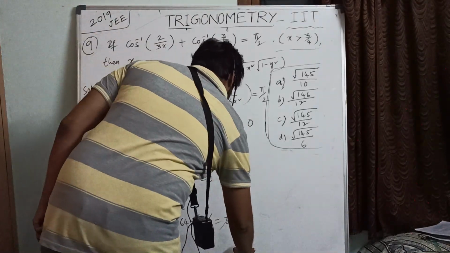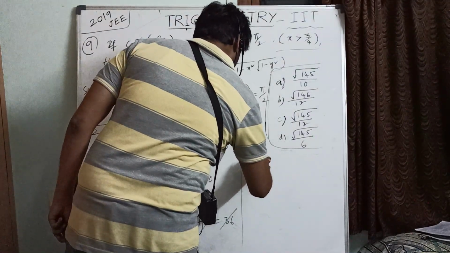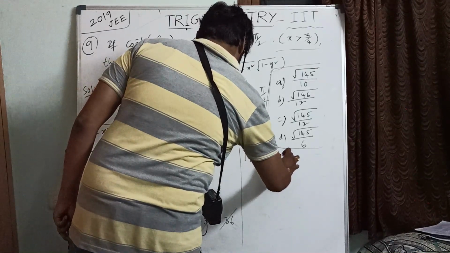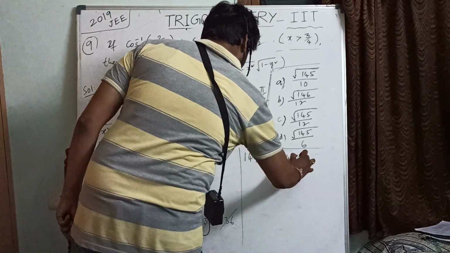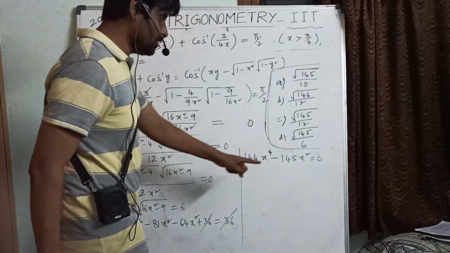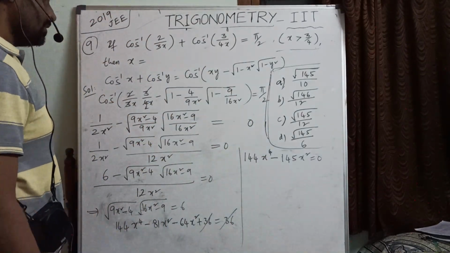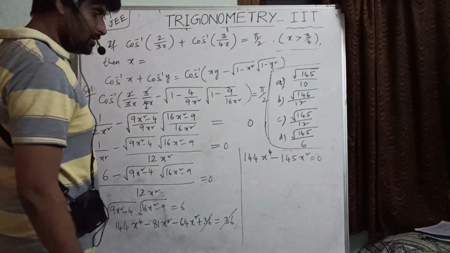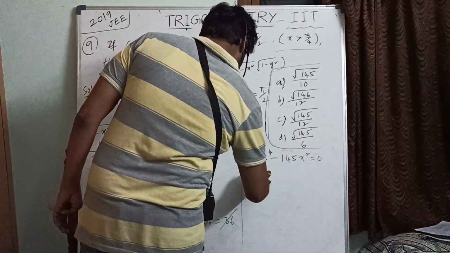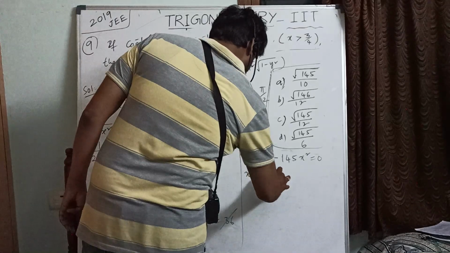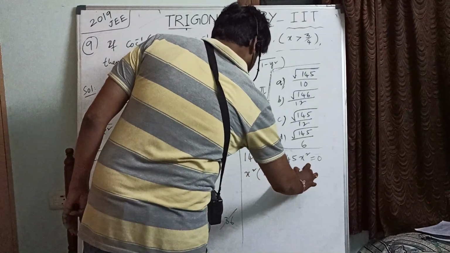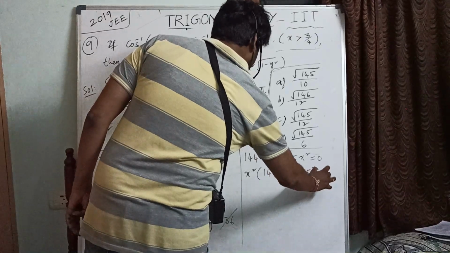So here I am writing 144 x power 4 minus 145 x square equal to 0. Correct? What can I take out common from this? x square common. Okay, if I take x square common from this, what will I get? 144 x square minus 145 equal to 0.